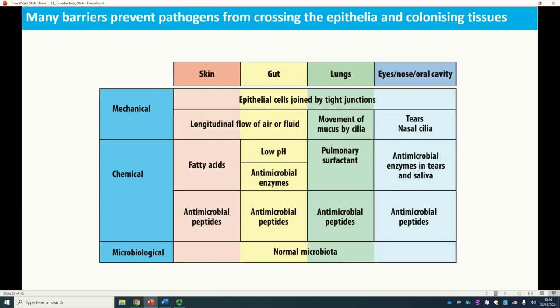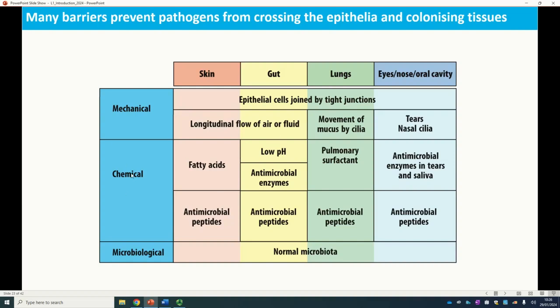In the lungs, we have cilia, which beat away. So we've got the action of mucus and cilia, which is removing and beating away any pathogens that may come in to the lungs. And then we have tears of the eyes that will flush any pathogens away.